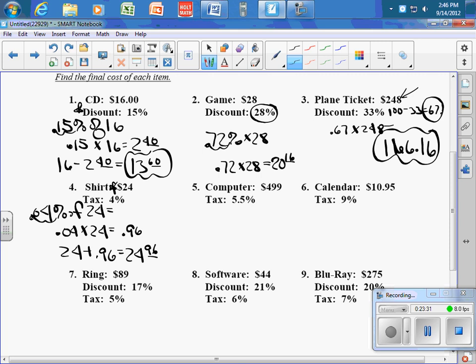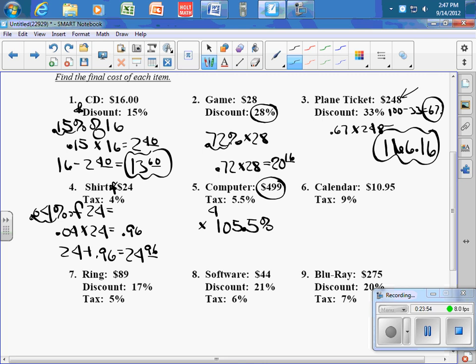On the other hand, if we're paying 100% of the $4.99 for this computer, and then sales tax is 5.5%, what we'll actually end up paying is 105.5%.